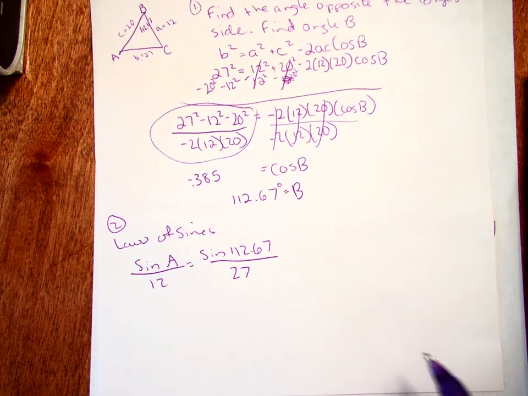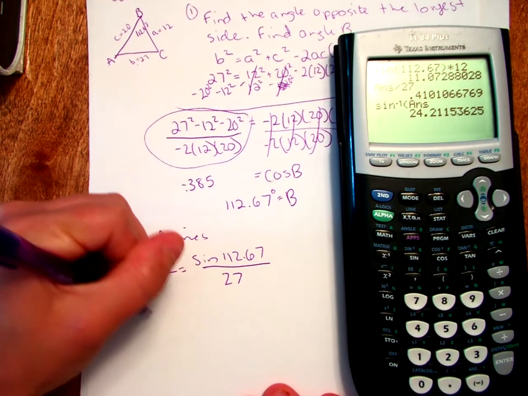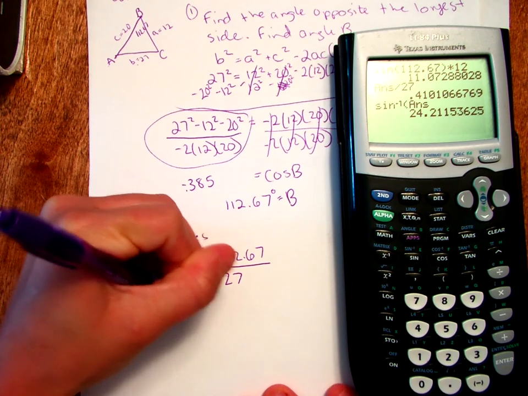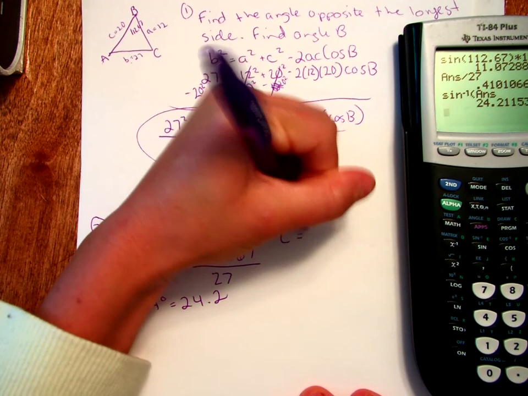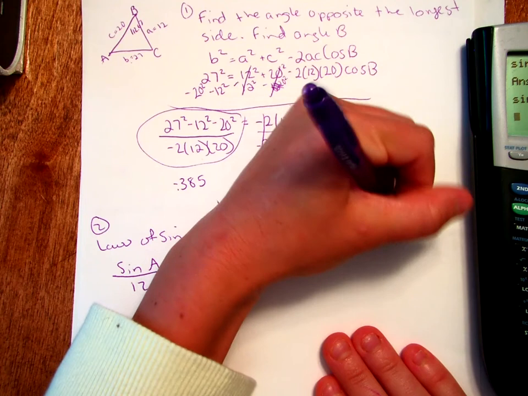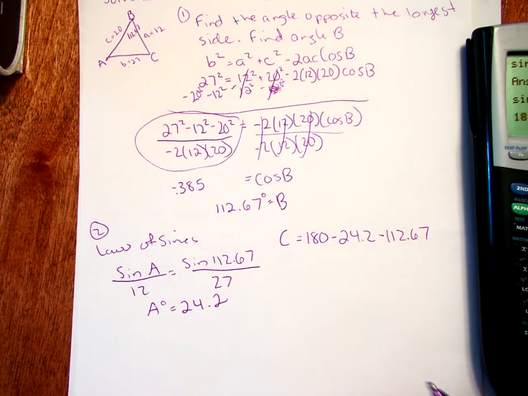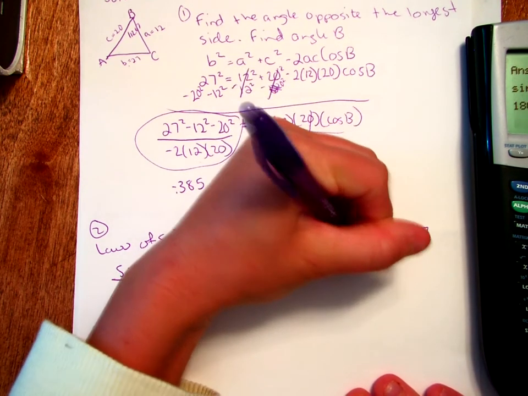Sine of 112.67 times 12 divided by 27. And then the inverse sine of that answer is 24.2. So then if we're trying to find angle C, it's 180 minus 24.2 minus 112.67. And angle C is 43.13.